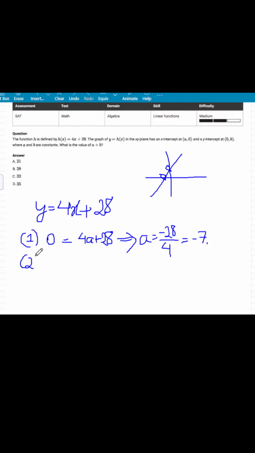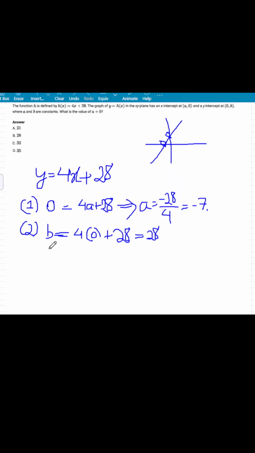And then the next one, we put the point 0 comma b in the equation. y is b and x is 0, so b is equal to 4 into 0 plus 28, which is 28. So b is 28 and a is minus 7.